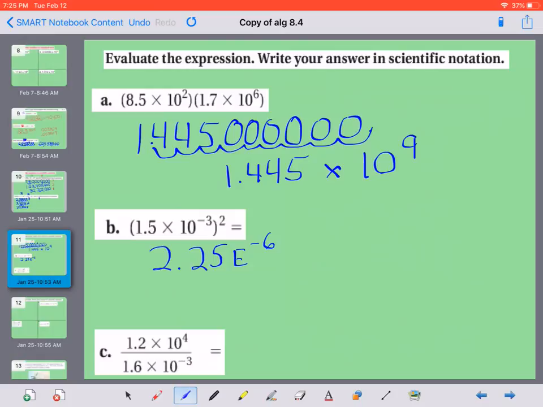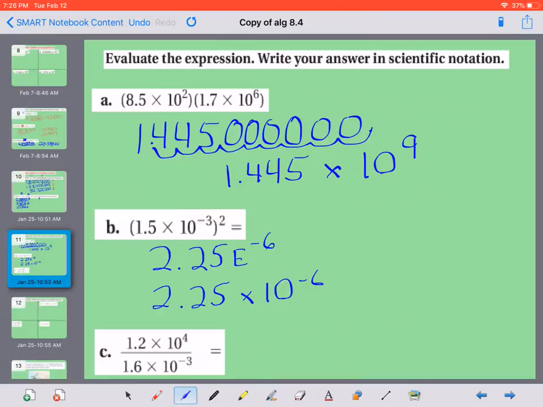Now what that e means is basically just the same thing as our 10. So we could just write this again as 2.25 times 10 to the negative 6th. The calculator puts that e on there because it's too big of a number for our screen to show. So it just puts the e in place of the 10, and they're basically the same thing.